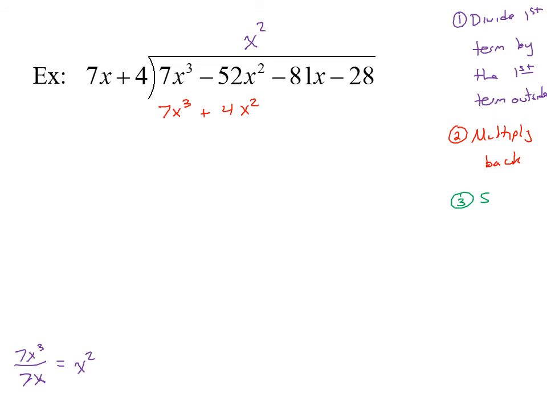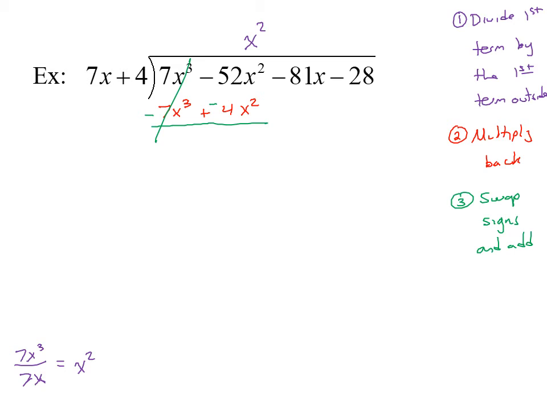Third step. We're going to swap the signs and add them together. So I'm going to make these both minus signs. And the reason you do that is so that the first ones will always cancel. That's the goal here.